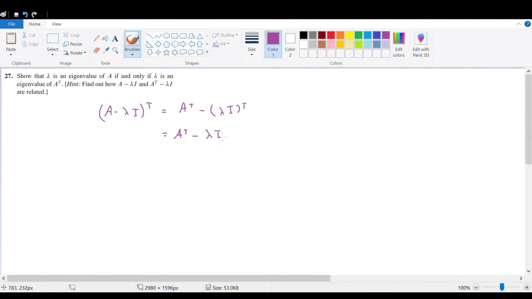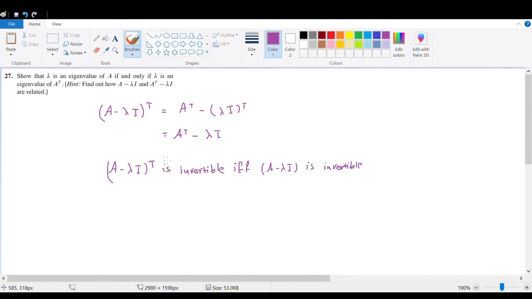So now, A minus lambda I is invertible if and only if A minus lambda I transpose is invertible, if and only if A transpose minus lambda I is invertible. Because in Theorem 6, in section 2.2, we said that A and A transpose, both of them will be invertible if one of them is invertible.